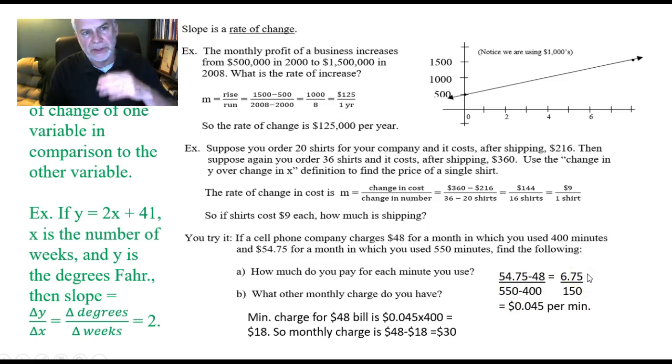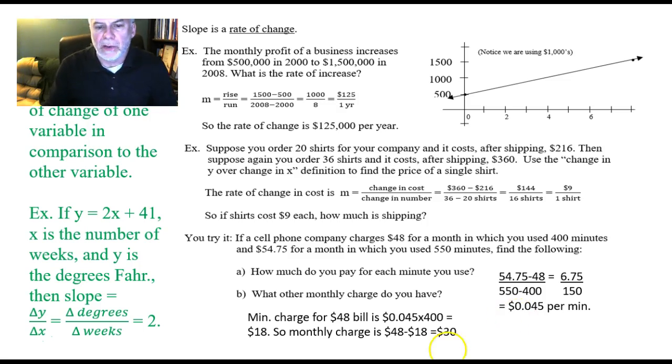So for $6.75 more, you're getting 150 minutes more. And so the rate of change of cost to minutes is 6.75 divided by 150, which comes out to $0.045, or 4.5 cents per minute.